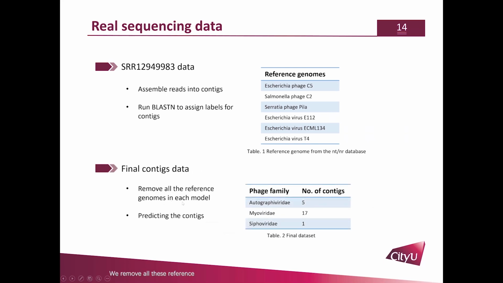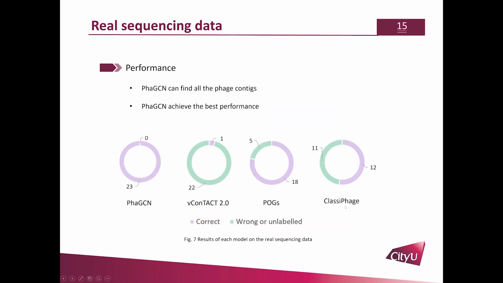We remove all these reference genomes from the model database to treat them as new phages, and then we predict all these contigs. As you can see in figure 7, the performance shows that phage GCN can not only find all the contigs, but also achieves the best performance. All the phages are predicted correctly.